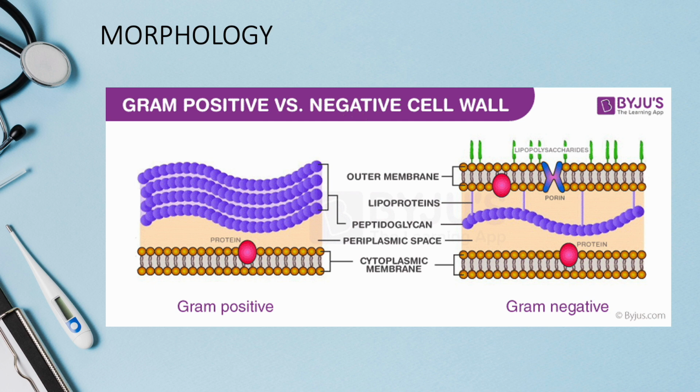This picture can be a little misleading because the two pictures are from two different sources, but basically both of them are purple, and both of them are gram positive.